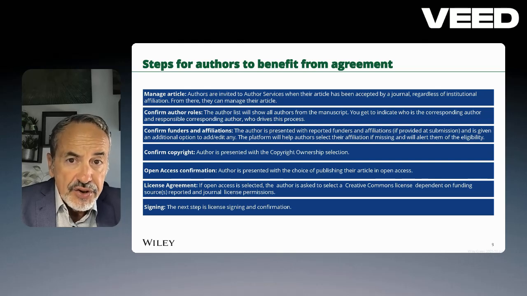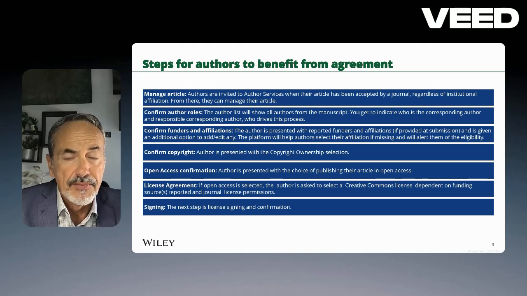So here are the steps you need to complete in the author workflow and create a request for APC funding approval by your library manager. First, manage article. So click on manage article to begin the process. Second, confirm author roles. The author list will display all authors from the manuscript, so you need to indicate who is the corresponding author and the responsible corresponding author who will drive this process.